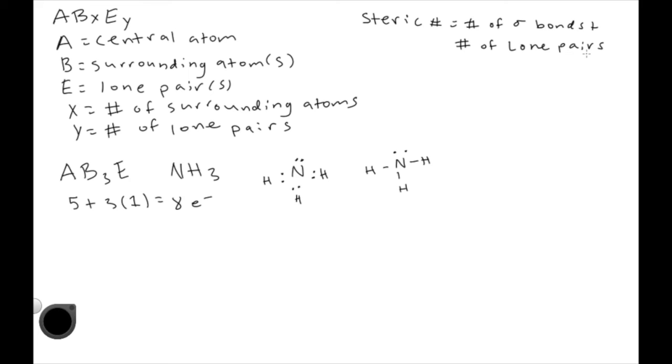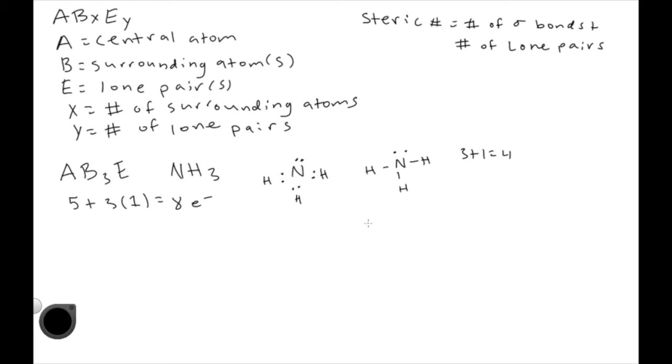So since we have 3 sigma bonds and 1 lone pair, the steric number is going to be 3 plus 1 equals 4.